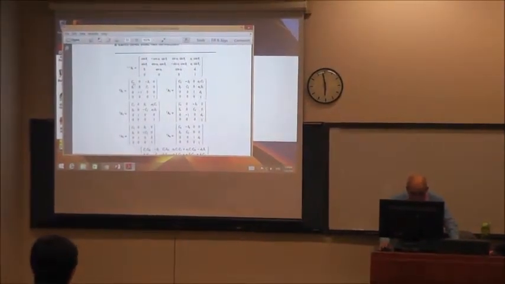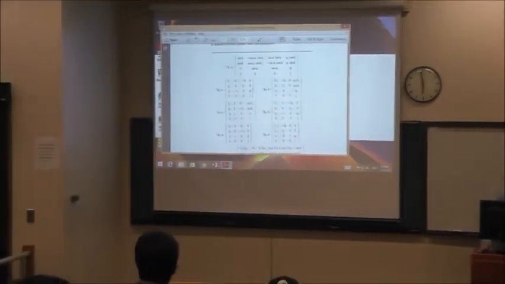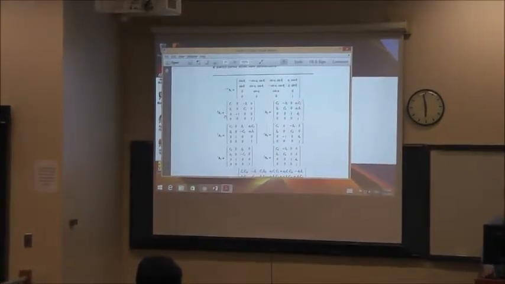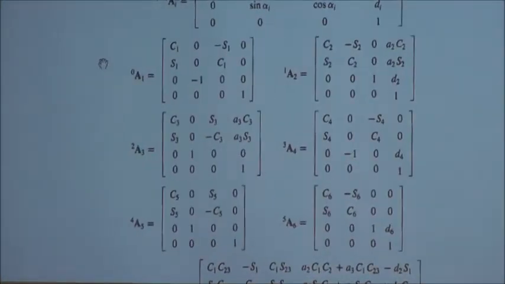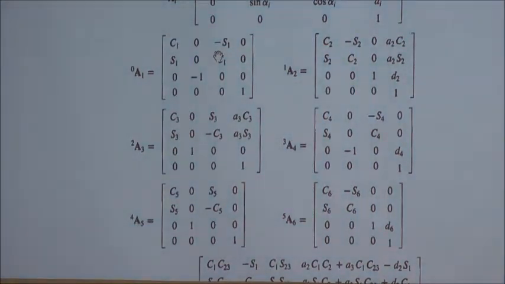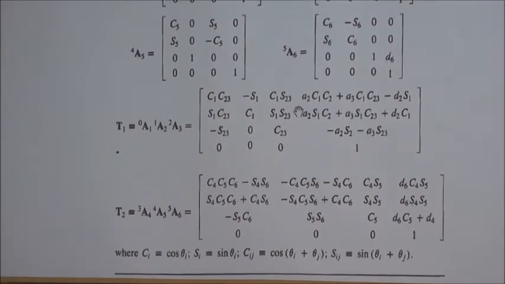Typically, you have cosine of theta 1, minus sine of theta 1, and because there are so many trigonometric values, C corresponds to cosine, S corresponds to sine. Now sometimes later on, when you multiply them together, you get C1, C23. What is that? That means cosine of theta 1 times cosine of theta 2 plus theta 3.